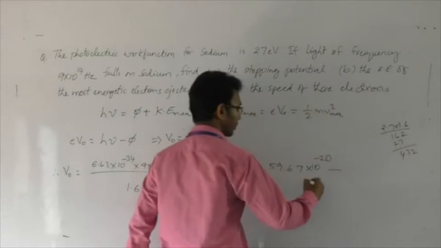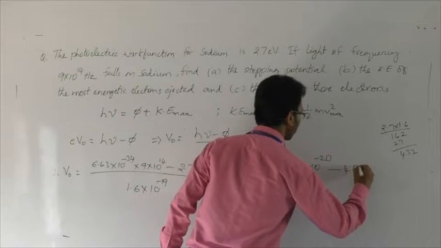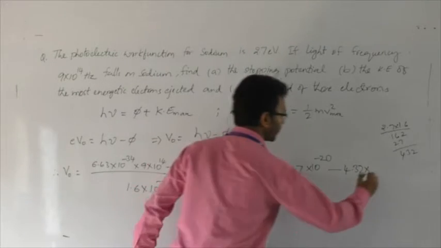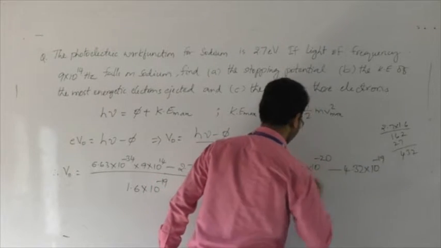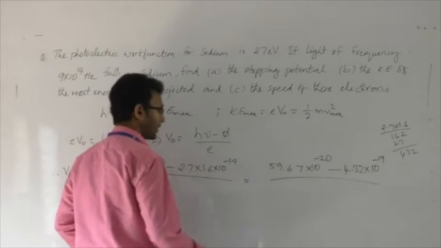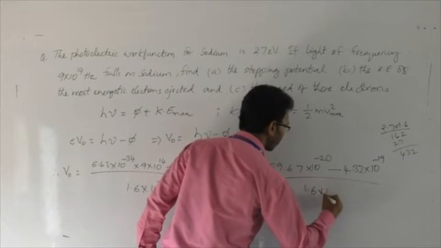It's 4.32. So 4.32 into 10 power minus 19 divided by 1.6 into 10 power minus 19.